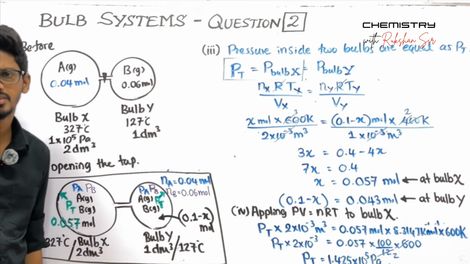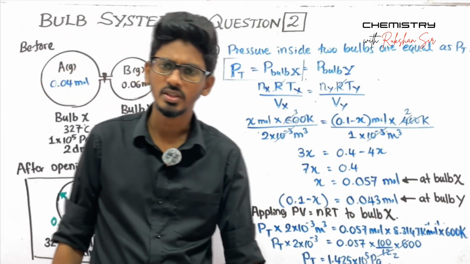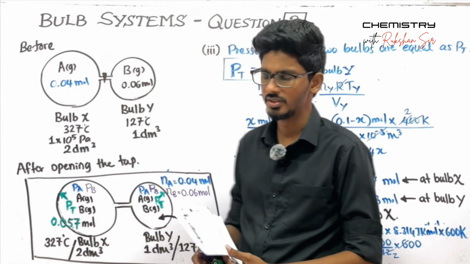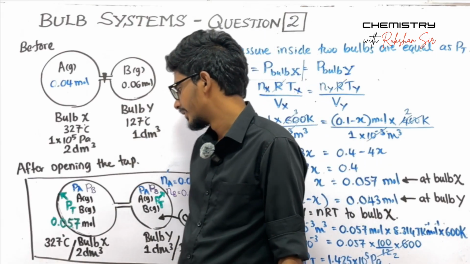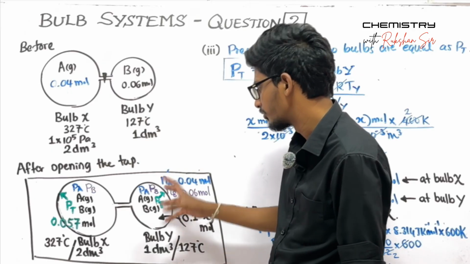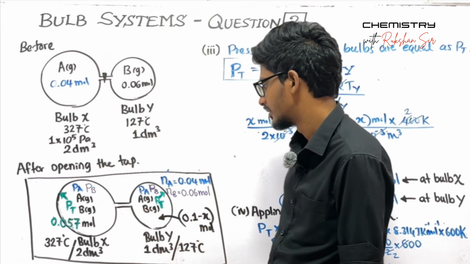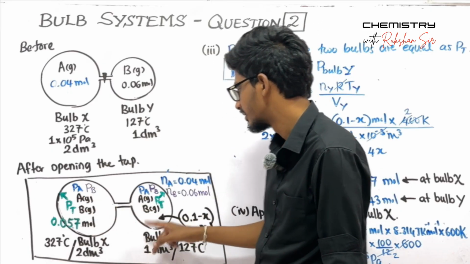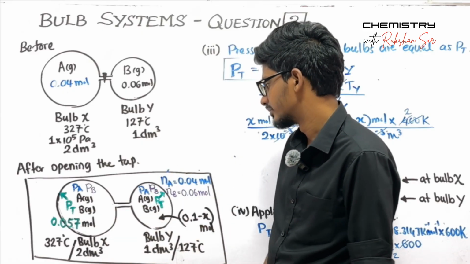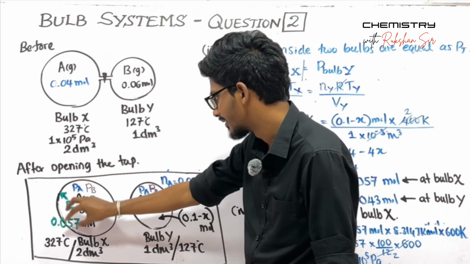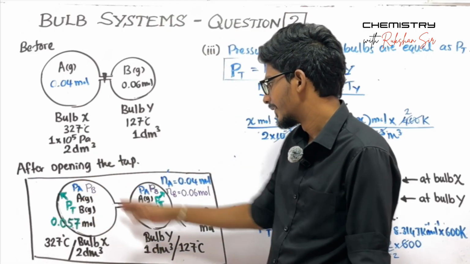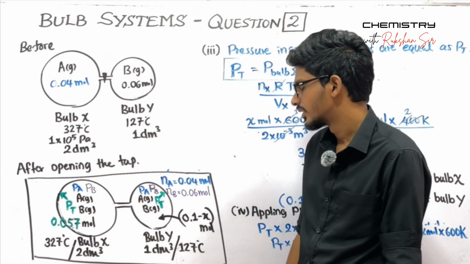So this is a homogeneous system, right? As this is a homogeneous system, the mole fraction is the same at any point inside the system. At any point you consider inside the system, the mole fraction will be the same.